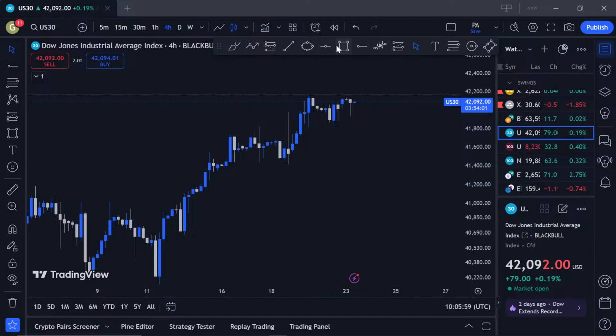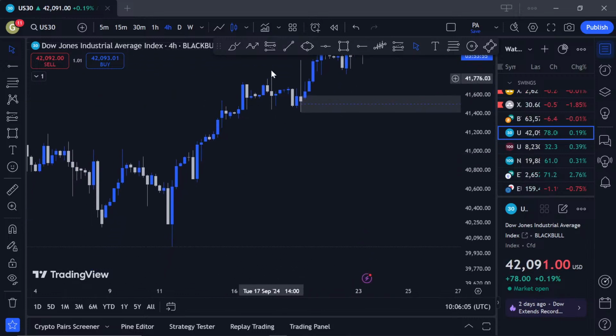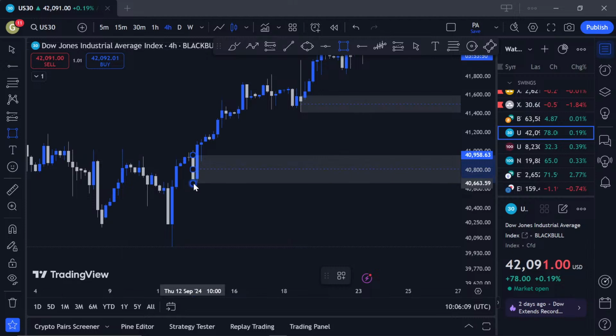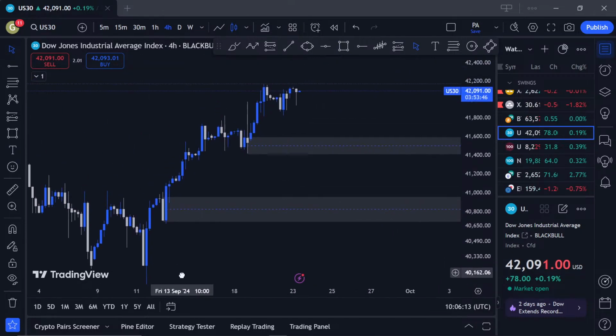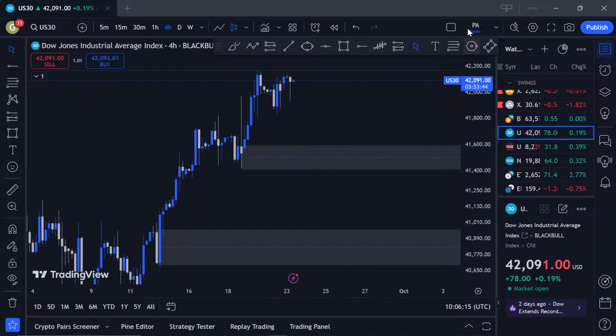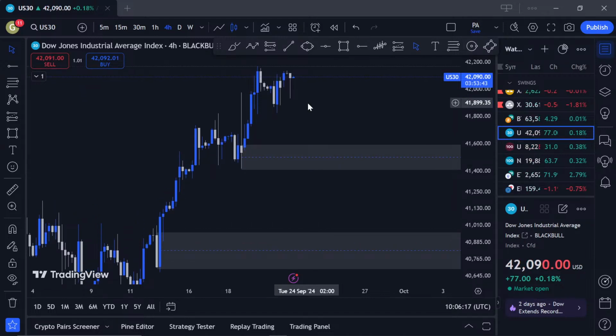Looking at US30, here is the first demand level right here. Here's another demand level right back here. Just these two levels. So wait for a pullback on US30 to get a buying opportunity.